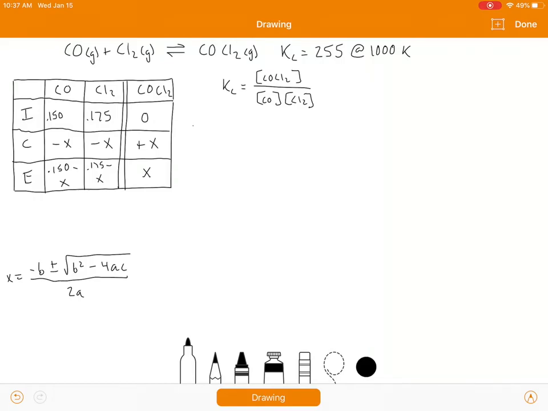So plugging this in, you plug in your K value just like normal, and then that is going to be equal to x on the top, and then you get 0.15 minus x and 0.175 minus x also.